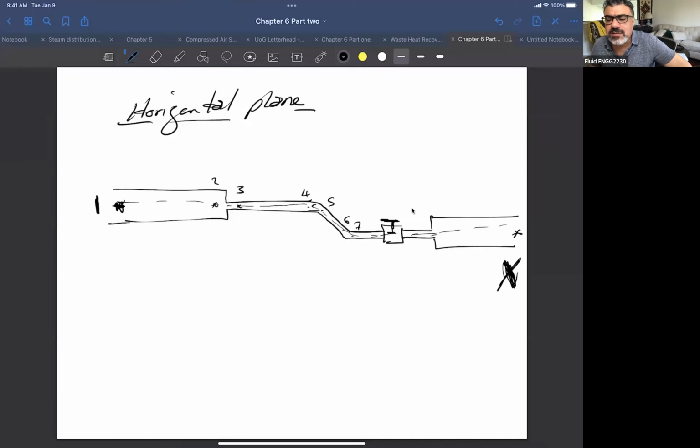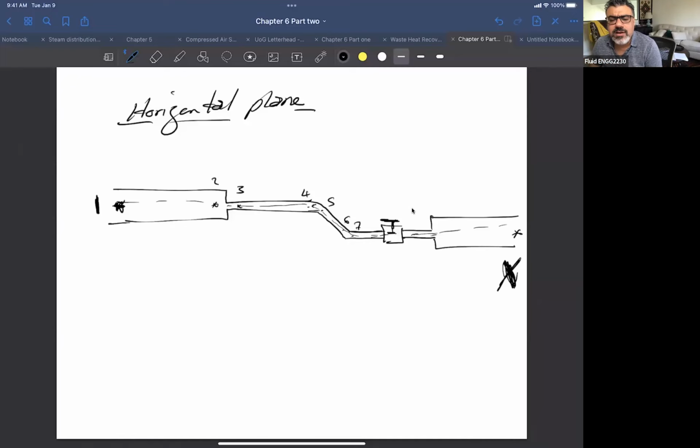What we are saying here is that we have a piping system that is connected in series. So the end of the first component is connected to the start of the second component. The end of the second component is connected to the third one, and so on, as if you are connecting the system in series.